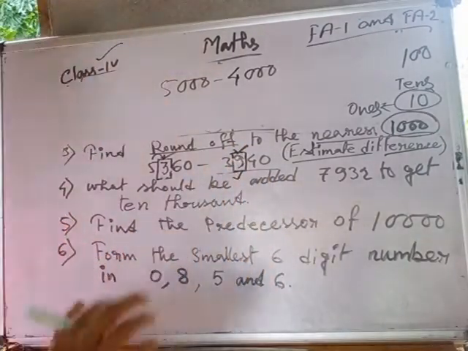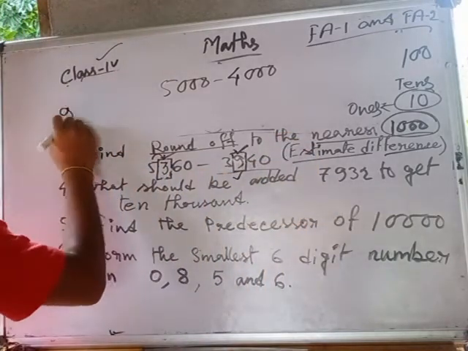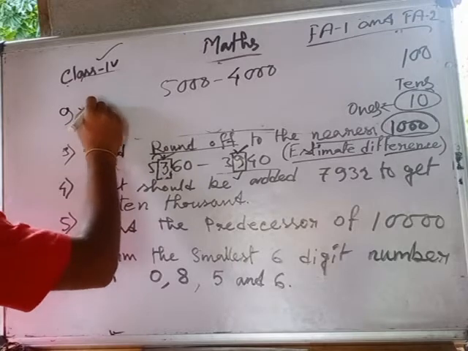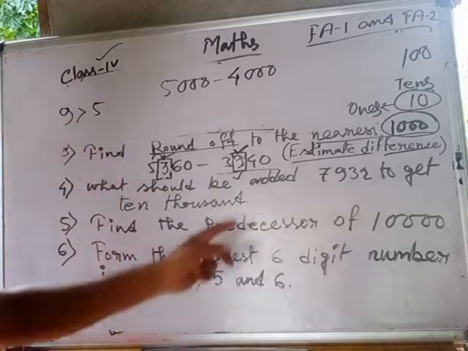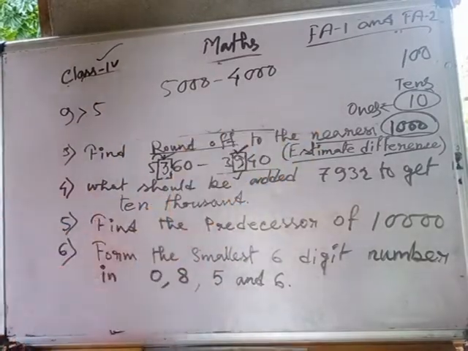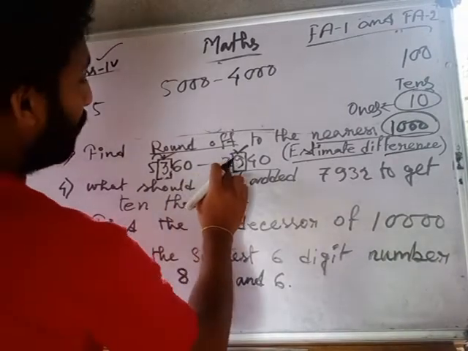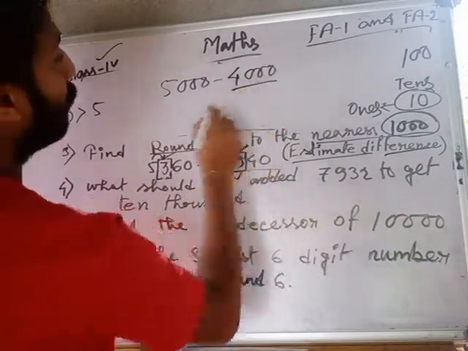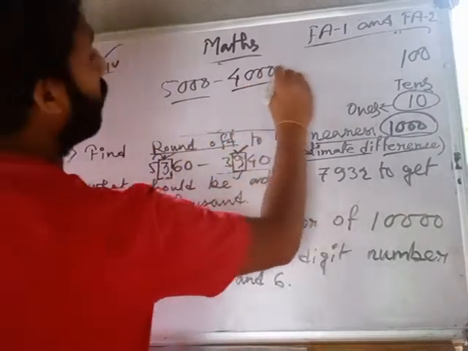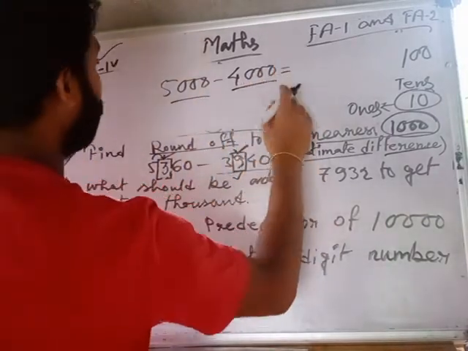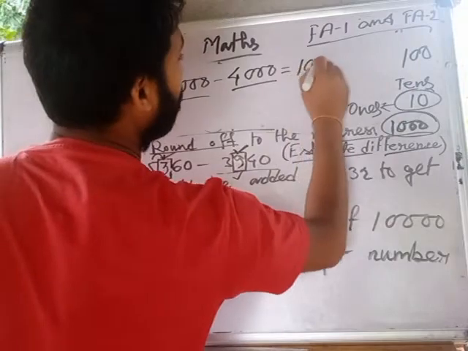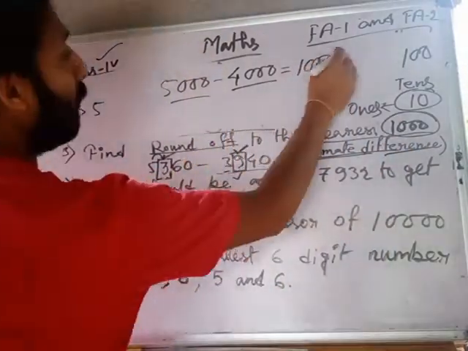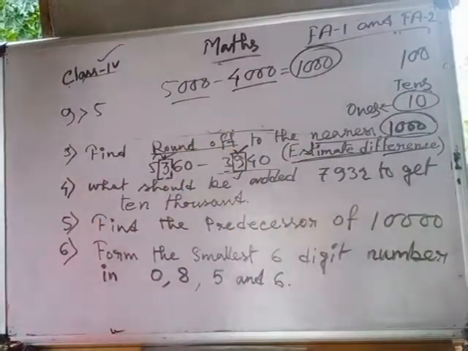That means it is more than 5. That's why it will go to the next thousand, just after 3,000, which is 4,000. So we should write 4,000 here. 5,000 minus 4,000 is 1,000. So the estimate difference of these numbers will be 1,000.